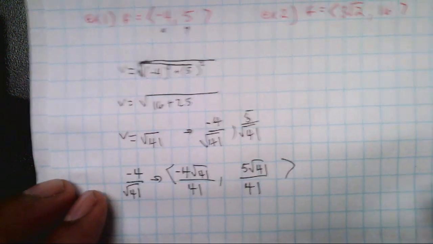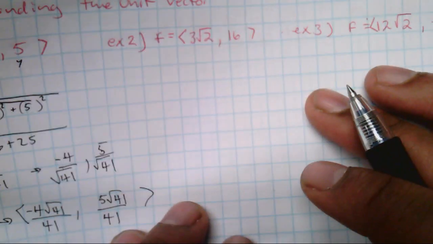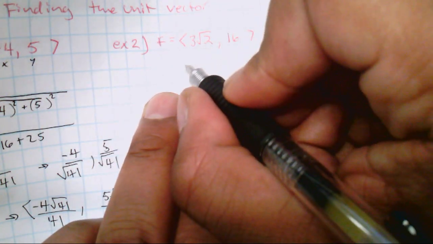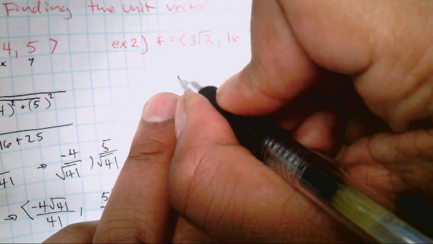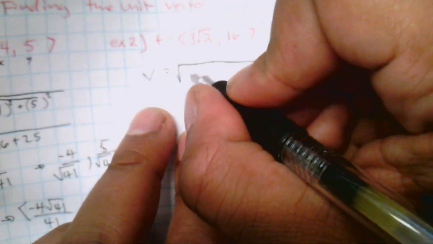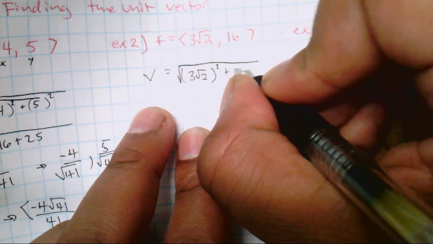Now, I apologize, I moved my paper a little bit, so we're going to try and get a better example, one that you'll see more likely, and hopefully it'll be easier to witness. So for this problem right here, we're going to go ahead and grab both of these guys, and we're going to square root them. And that's going to be 3 square root 2 squared plus 16 squared.